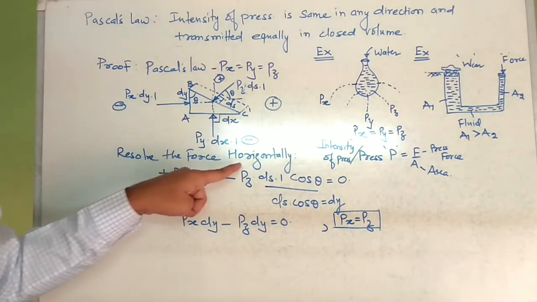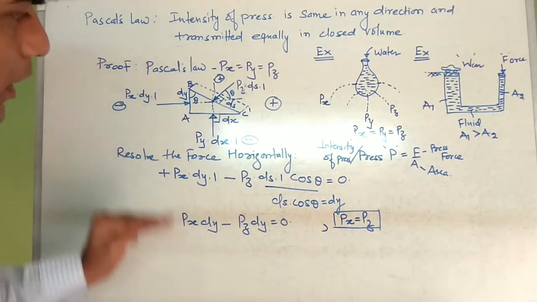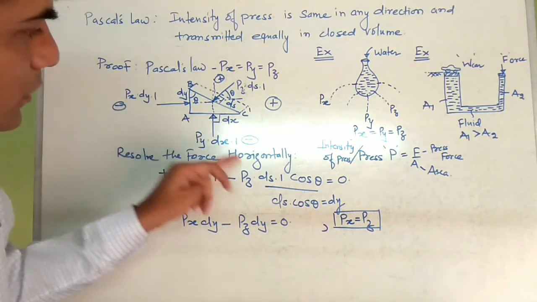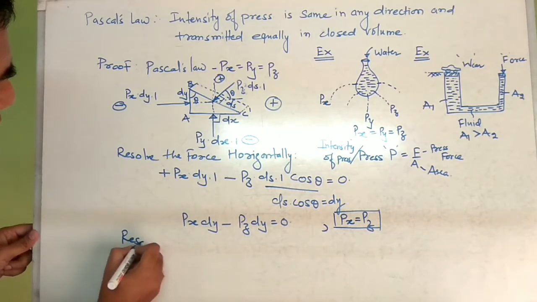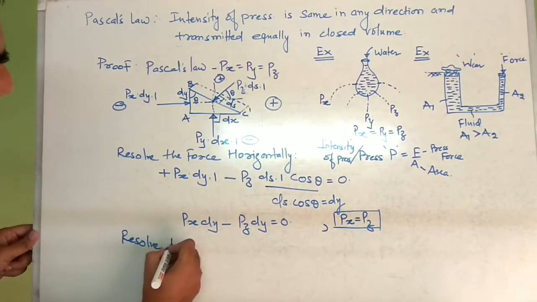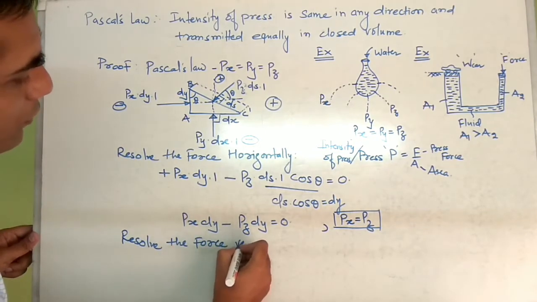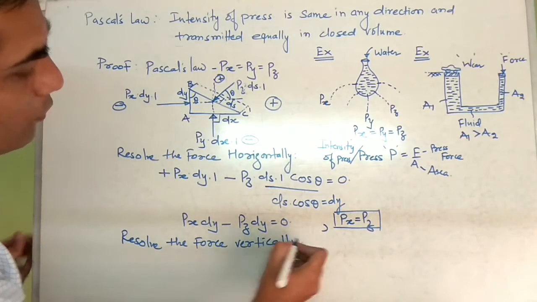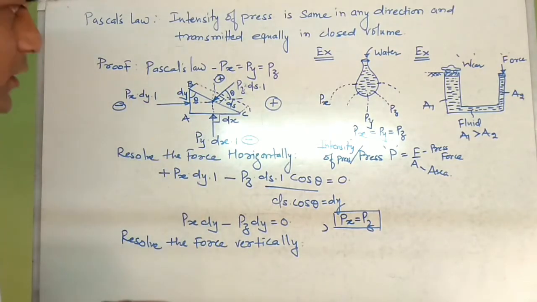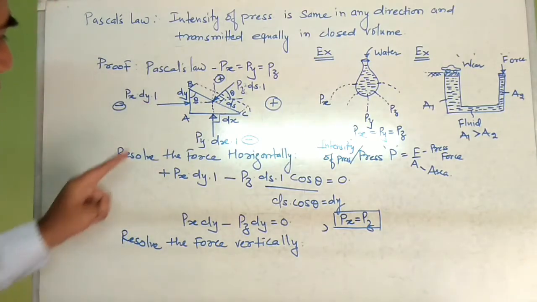Now we have resolved the forces horizontally by our engineering mechanics concepts. Now if we resolve the forces vertically, what will happen? See, resolve the forces vertically. Vertically means in vertical direction, either they are moving in upward direction or downward direction.